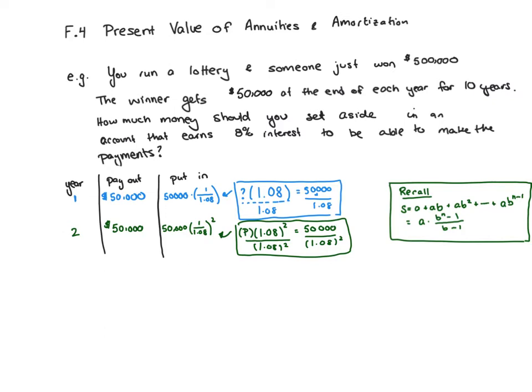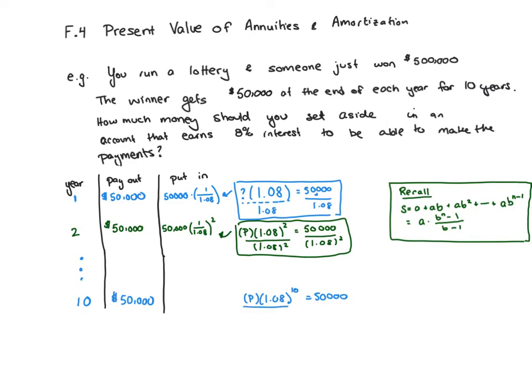And we can go ahead and keep doing this, all the way down for 10 years. So let's just think about the 10th year here. Again, for my 10th year, I want to pay out $50,000. So I need to put in a certain amount so that once that earns 8% interest 10 times, I get $50,000.